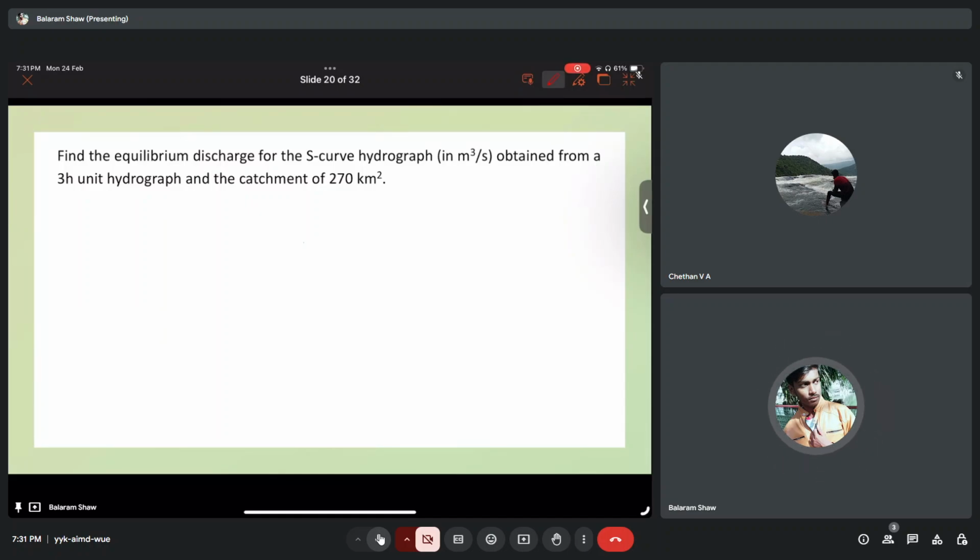Okay, so I hope you guys got the answer. If not, we'll do it. We need to find the equilibrium discharge for the S curve, so you use the same expression again.